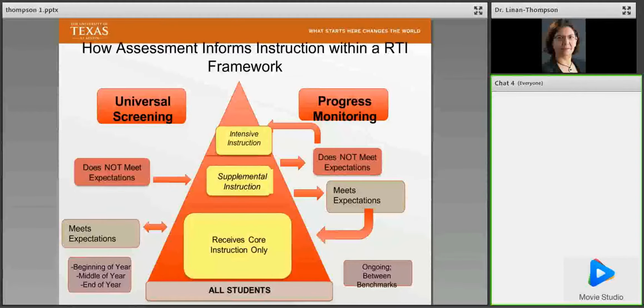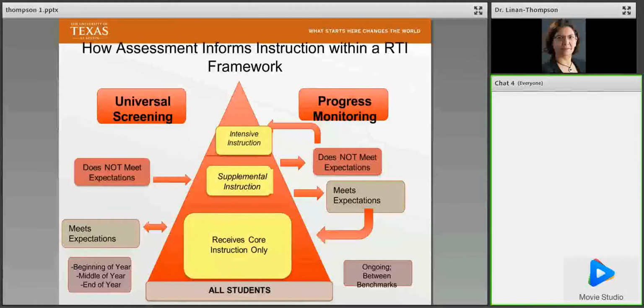And one of the things that the model demonstration projects all agree on is that we don't think that RTI for CLD students is a completely different thing, a separate process that you have to run parallel to your current RTI.